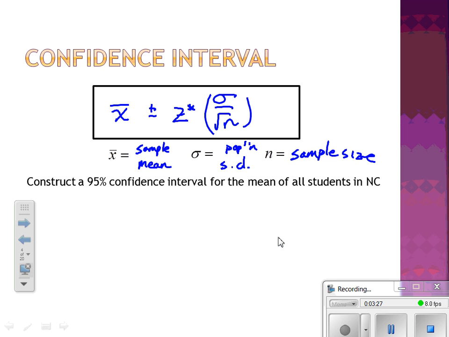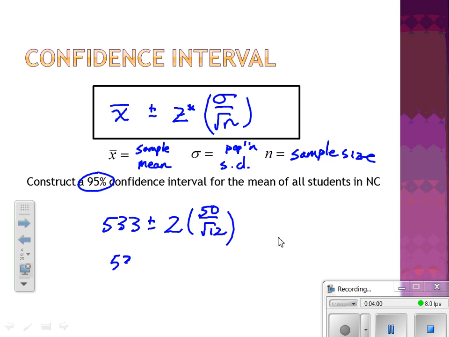So if we wanted to calculate that 95% confidence interval for that last one, if I'm remembering right, that's 533 plus or minus. The z star for 95, I'll just use the simple one of 2, or you could use 1.96, and we're going to multiply that by the standard deviation, which was 50 over the square root of 12. So crunch a few numbers really quickly: 2 times 50 over the square root of 12.